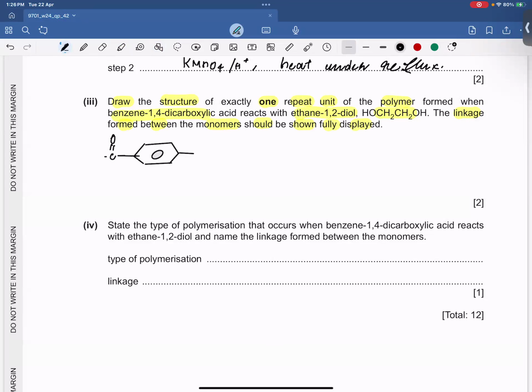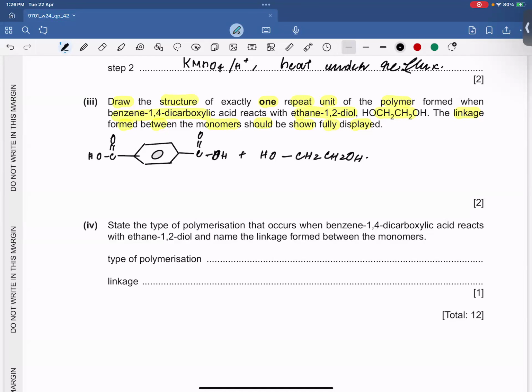This is benzene-1,4-dicarboxylic acid, and this is ethane-1,2-diol.